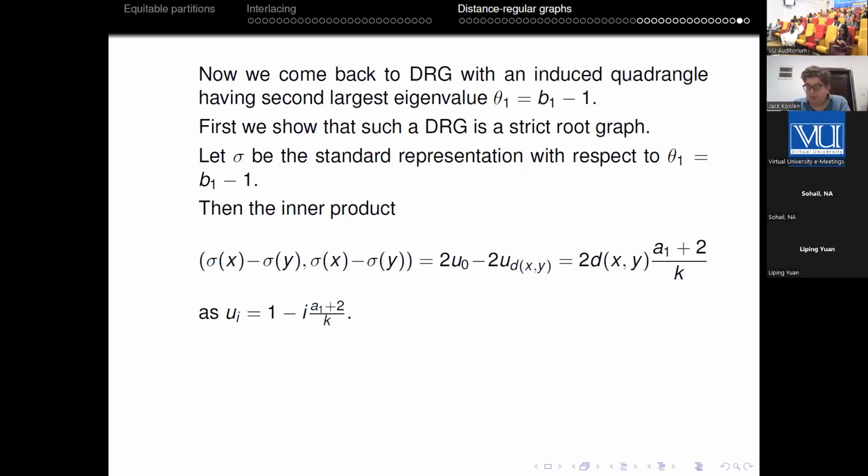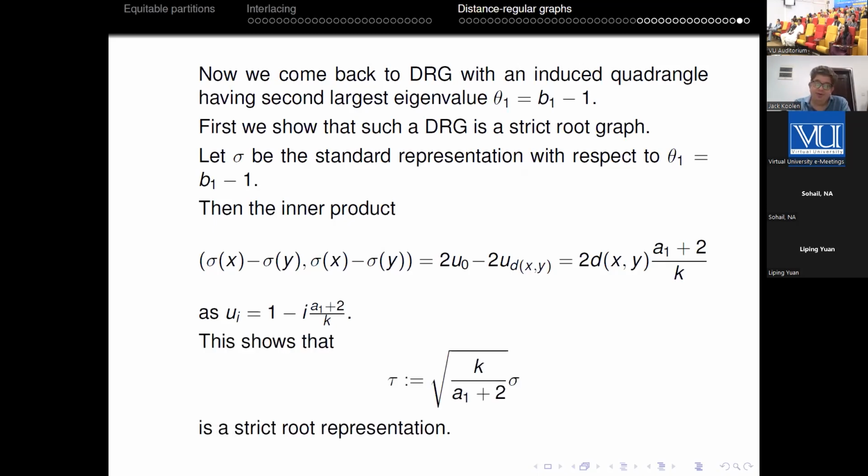So we can now multiply everything by square root k over square root of a1 plus 2. Then we get 2 distance xy. So if you make tau this number, then you see that we get a strict root representation of those distance-regular graphs. So they are strict root graphs.